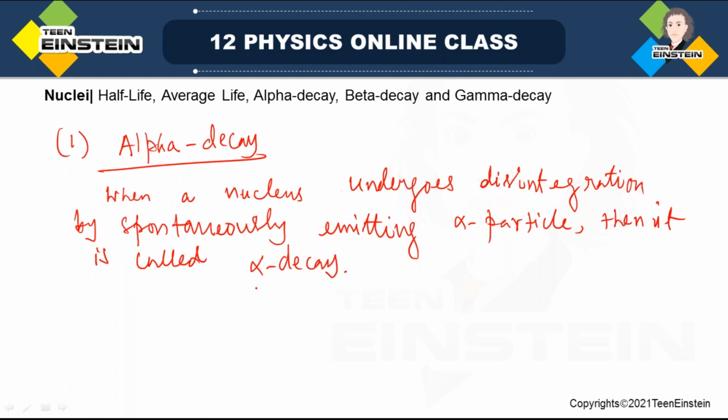As I said, alpha is a helium nucleus. Let me repeat, the alpha particle is a helium nucleus, so it has Z equal to 2 and the mass number A is 4.